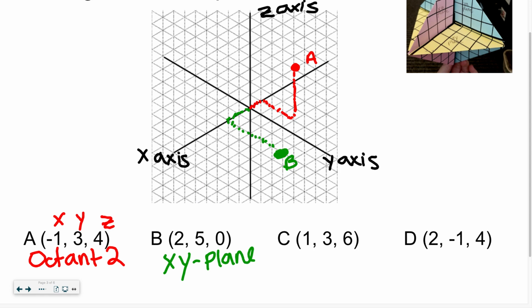Okay, I'm going to plot my C, positive 1, right 3, up 6. That one should be an octant.